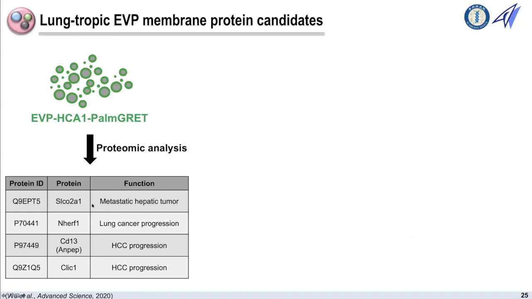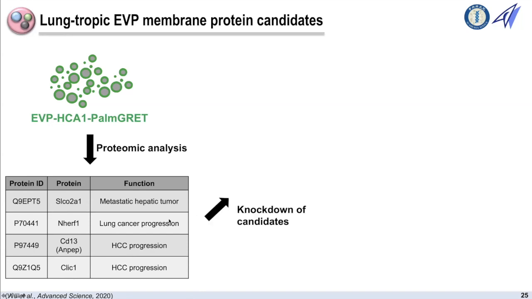They are mostly membrane proteins, which are SLCO2A1, NHERF1, and then CD13 and CLIC1. The criteria for searching these membrane proteins: first, it is a membrane protein or membrane-associated protein. And the other criterion is that it has been reported to be related to liver cancer progression or maybe due to lung microenvironment change.